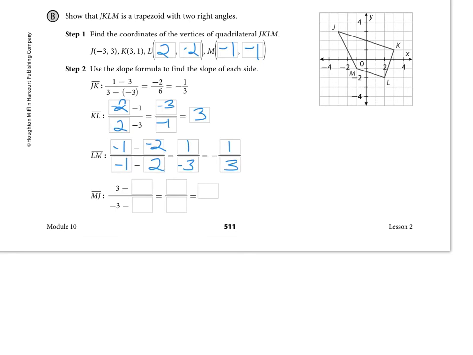It's going to be 3 minus -1, and then -3 minus -1. So we have 4 over -2, and that's equaling -2. So hopefully it makes sense that number one, it's a trapezoid. Let's continue this on to your next page here for our comparisons that need to be filled in.